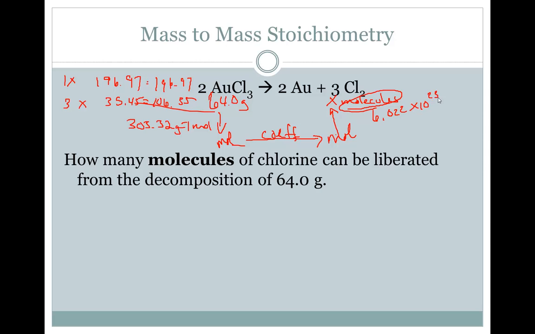Alright, now that we have all our conversion factors, we can actually put the number over 1. 64.0 grams of AuCl3. We need grams on top, so we need to put grams on the bottom of the next one. 1 mole AuCl3 goes on top.